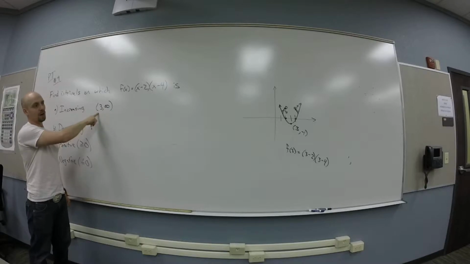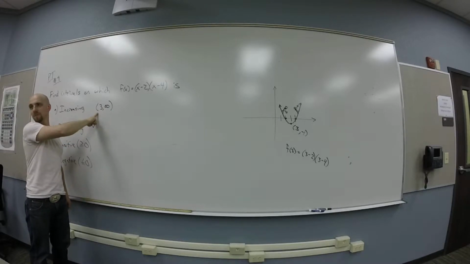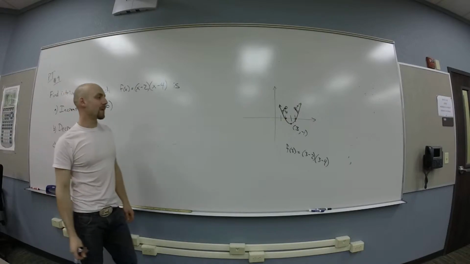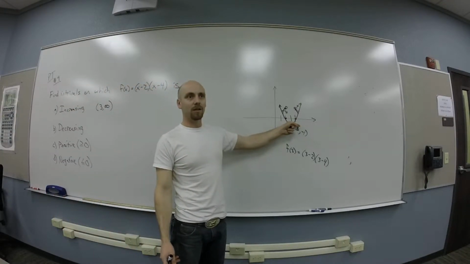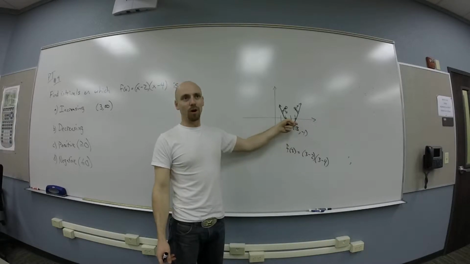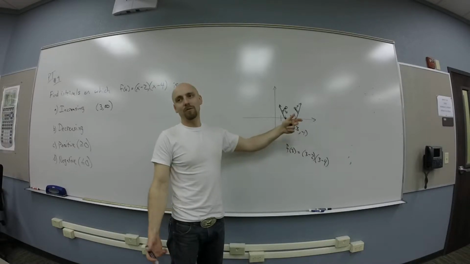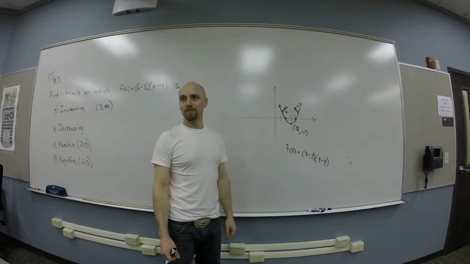I put an open bracket on this. Is that right? I thought it was closed because it starts at 3. So what's happening at 3? Well, at 3 there's sort of a flat spot. It's neither going up nor down, so I'm just not going to include it in either one.